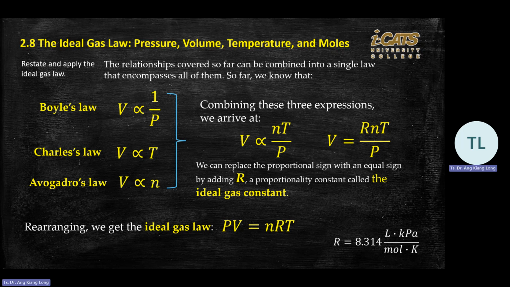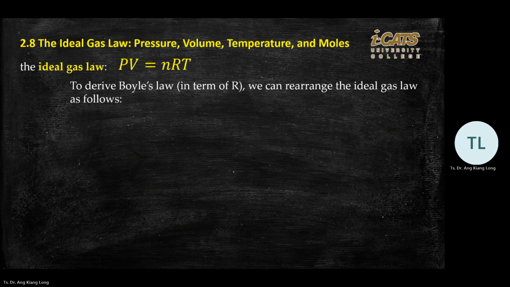So when you read textbook also, you need to be able to understand why sometimes the 8.314 at the back got 10 power something, because of the unit that they use. So in our case, we use liter, kilopascal over mole Kelvin. Okay.